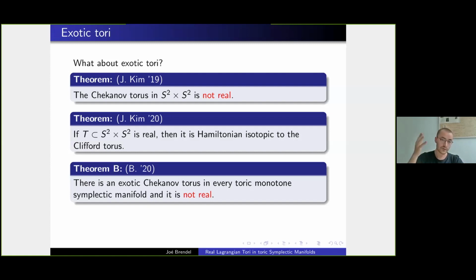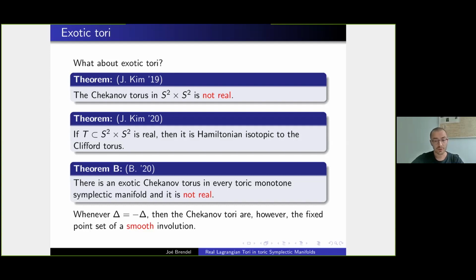You have to show this. I mean, it's not obvious. You could end up with something which is Hamiltonian isotopic to the central fiber, but actually one can show that this is not the case. So every one of them is exotic, and none of them are real. So this is quite different from the case of the central fiber, where it depends really on the toric manifolds you look at.